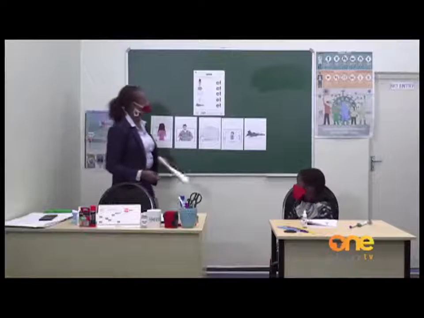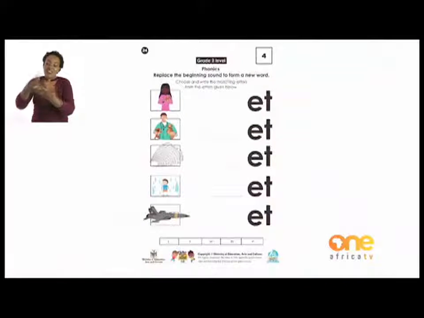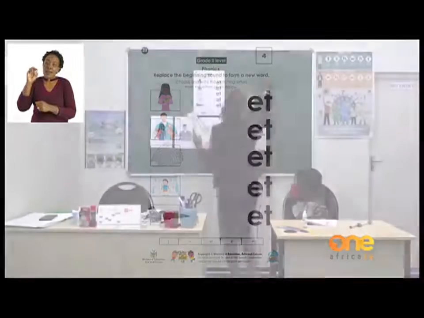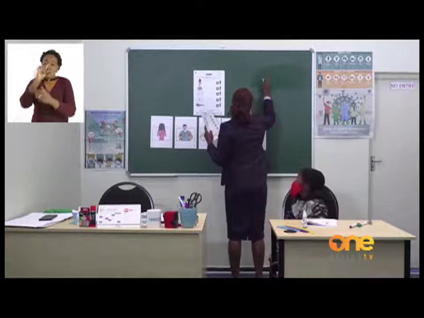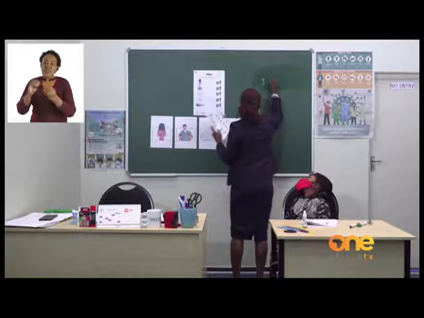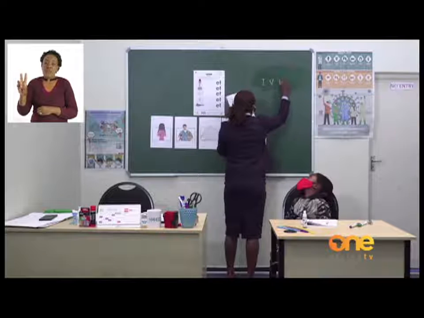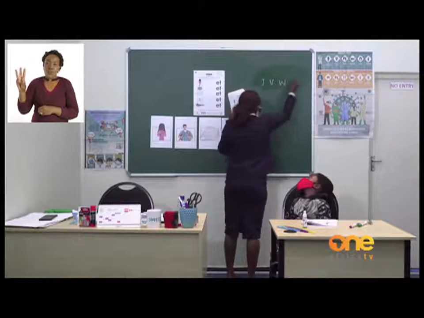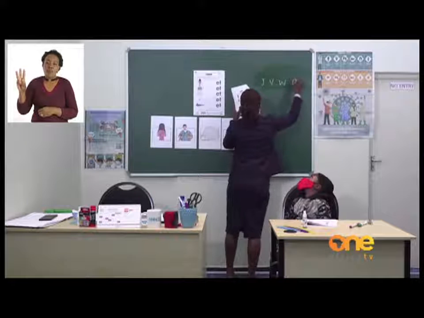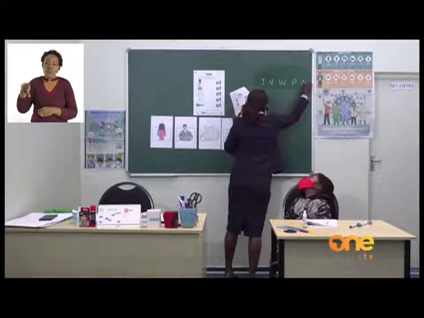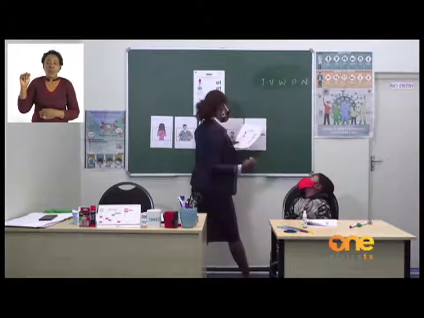Let's now turn to page 24, where we are going to form words using phonics. And I have phonic words here. This is J. I also have V. Then W. And P. This is P. Then N. Okay.